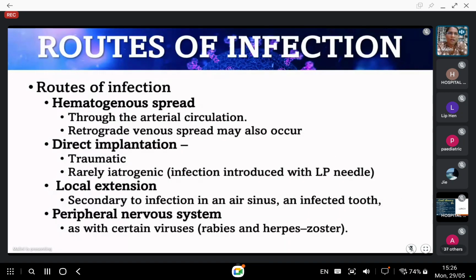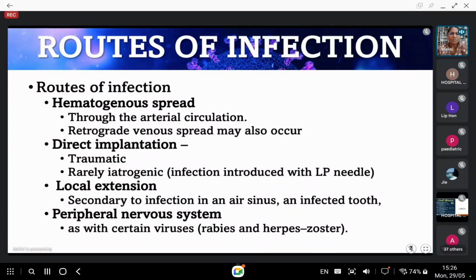So how are infections transmitted to the central nervous system? As you know, our central nervous system is fairly well protected by our meninges. One of the ways, perhaps not really the most common, is hematogenous, through the arterial circulation, or even retrograde via venous spread. Direct implantation could be due to trauma, or rarely iatrogenic.